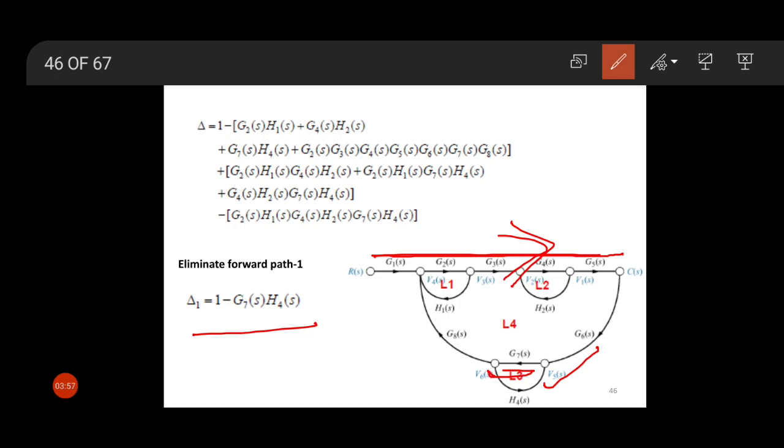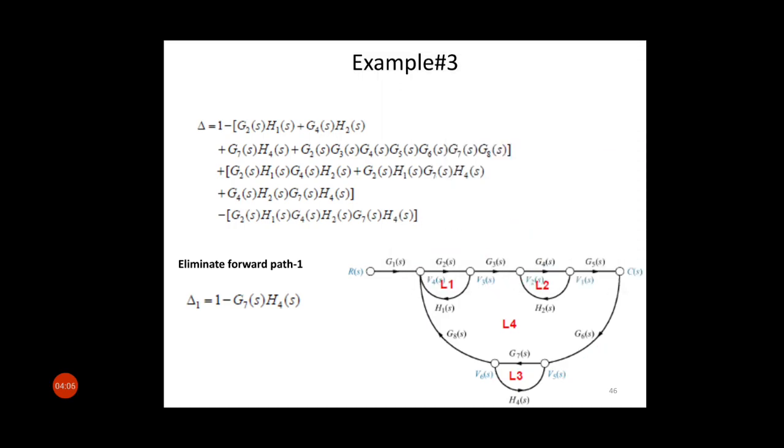So here we remove the first forward path, and we see this first forward path is not touching the L3 loop. That's why del 1 equals 1 minus G7 into H4.